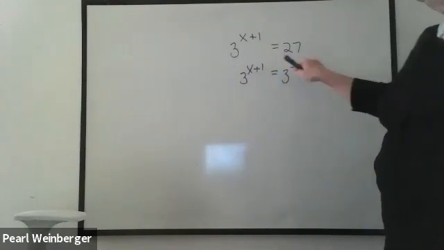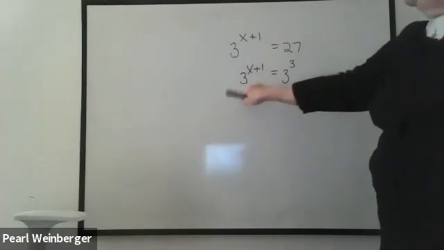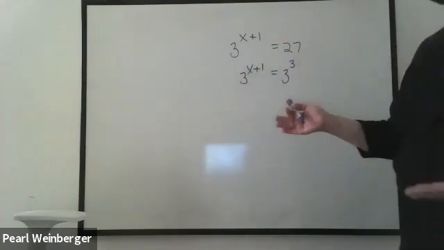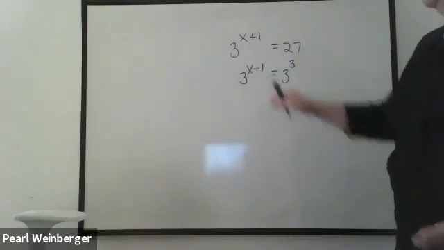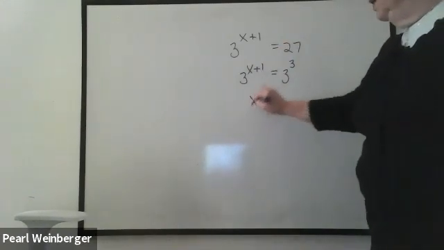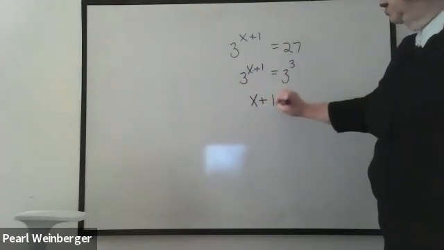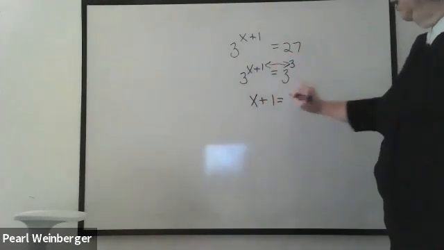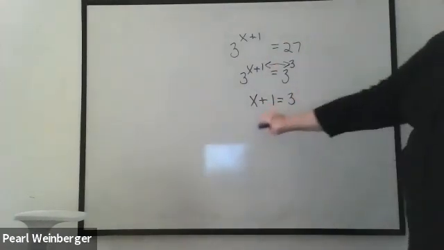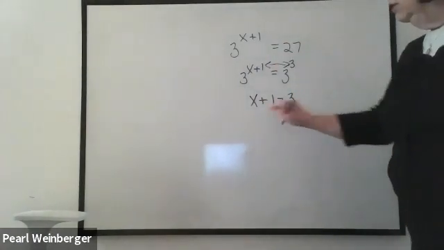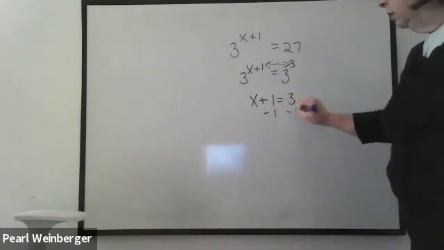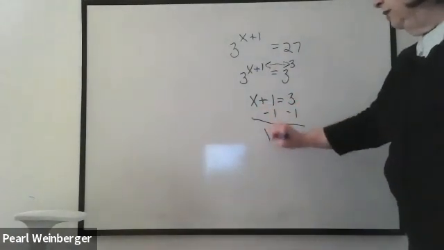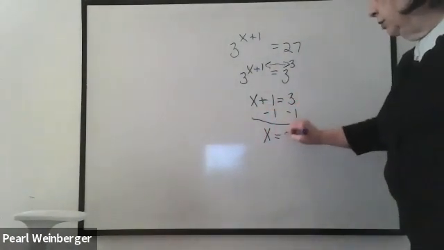All I have to worry about are the exponents, and these two exponents have to turn out to be the same number. So the x plus 1 has to equal 3. We get a very simple equation, and that gives me x equals 2.